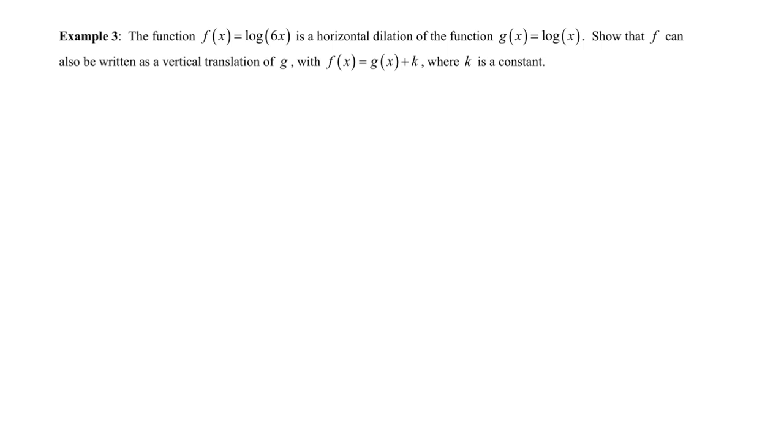So the horizontal dilation would be a 1/6 dilation, okay? But that's not what they want us to do. They want us to write it where we're adding something over here, right? So they want us to take this log of 6x and rewrite it as log of x, because that's the g function, plus some unknown here.